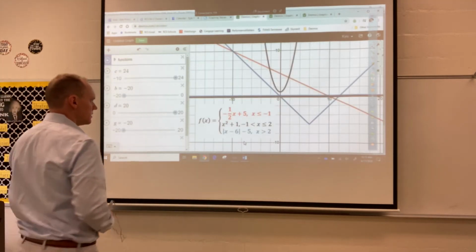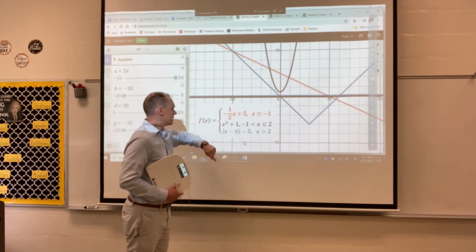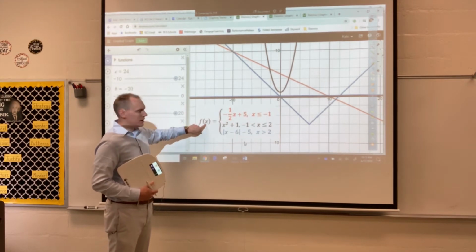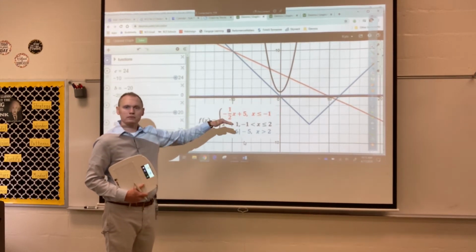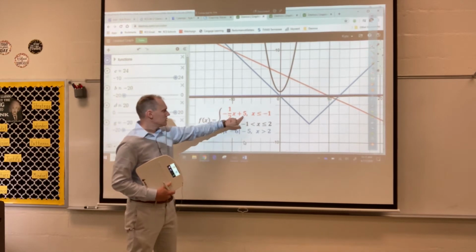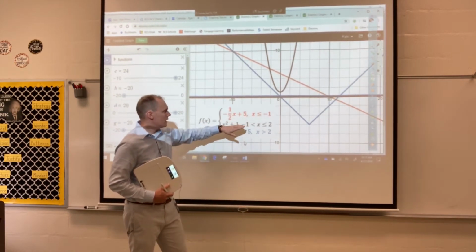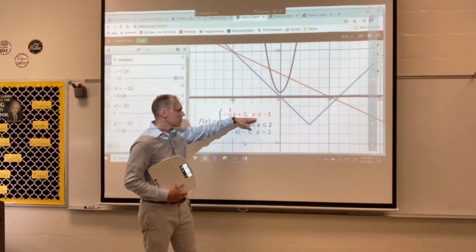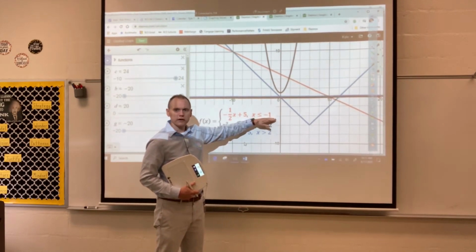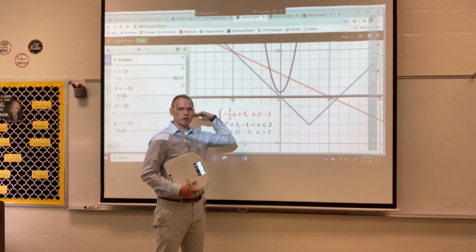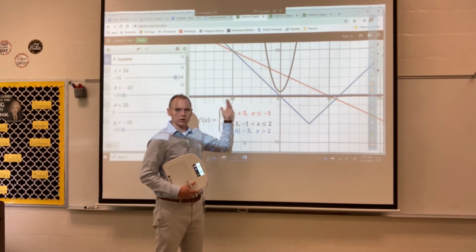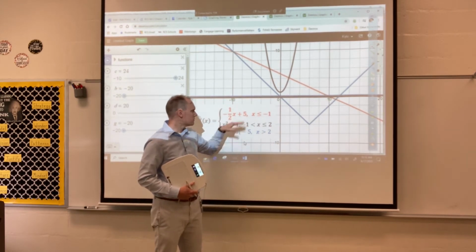Here is another piecewise function, a different one. This is f of x. And f of x is defined in 3 different pieces. So we've got a linear function here with a negative slope, y-intercept of 5. But it's only going to occur for all x values less than or equal to negative 1. So over here, you're going to obey this function.